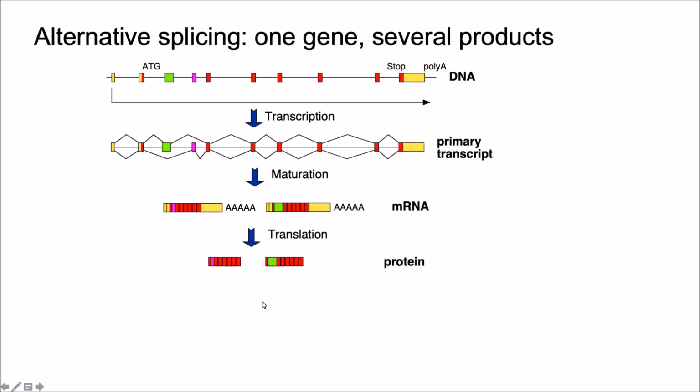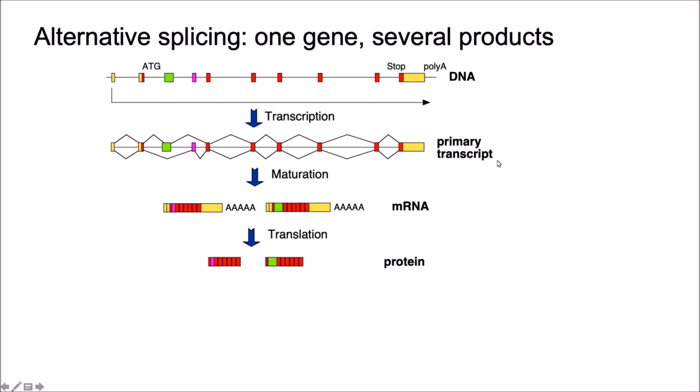One very interesting feature is that thanks to this process of splicing, one single gene can lead to the production of different proteins. This is possible through the differential use of splice sites during the maturation of the primary transcript.